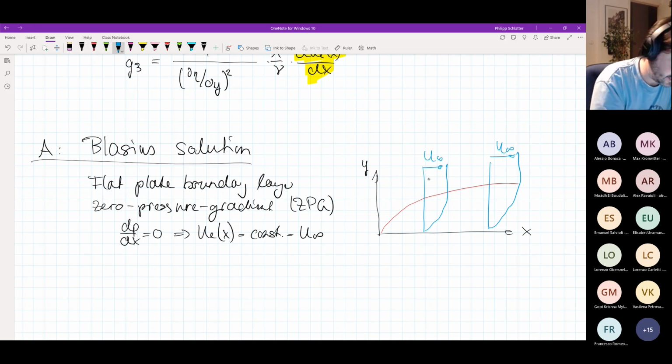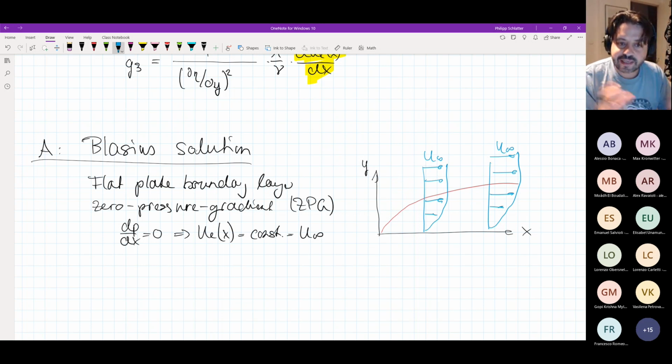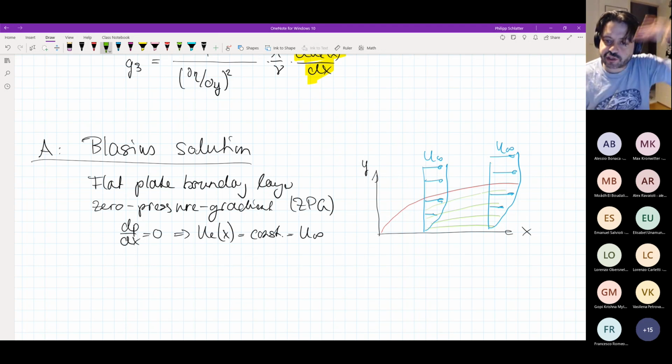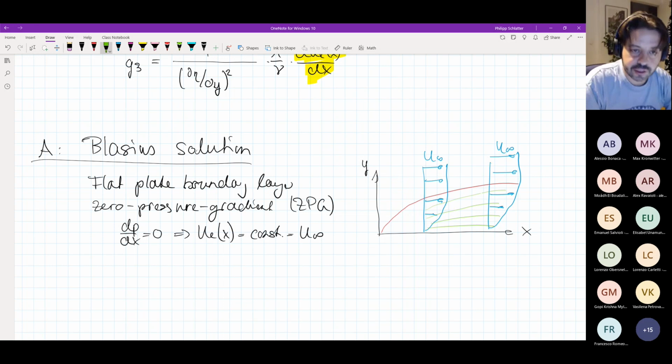So that is constant. So that means that there is no rescaling necessary in terms of the velocity. The only scaling is related to the growth of the boundary layer.